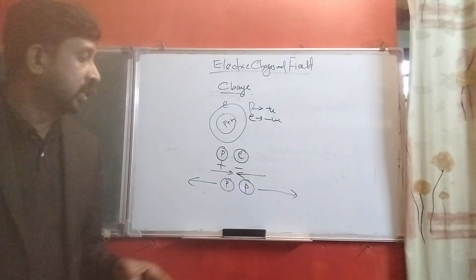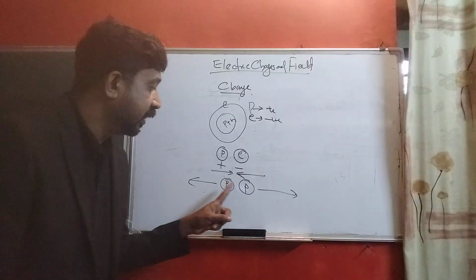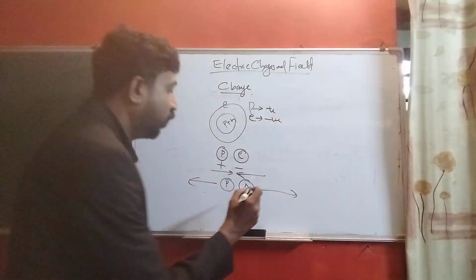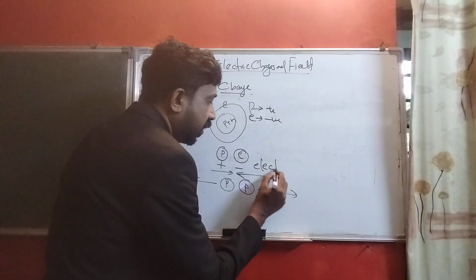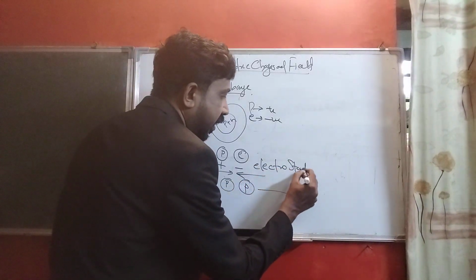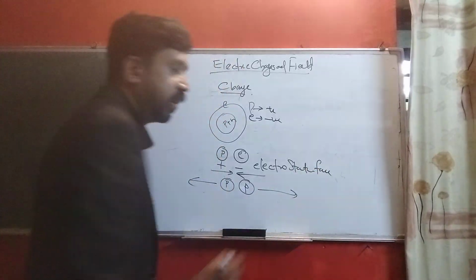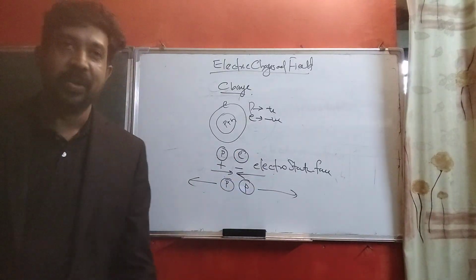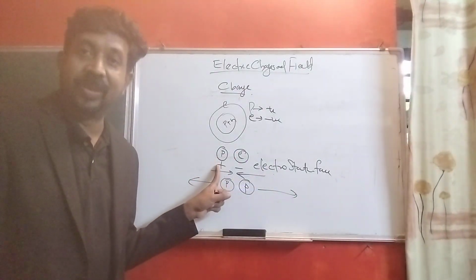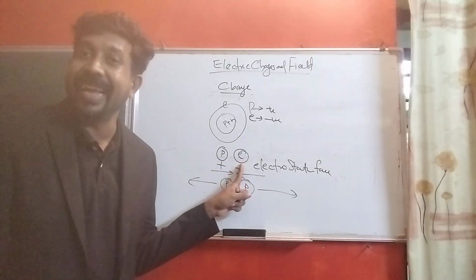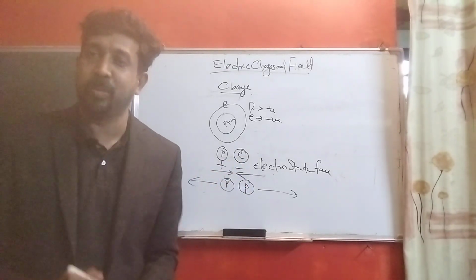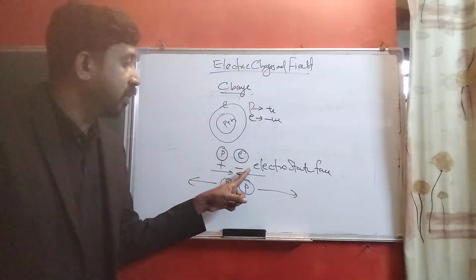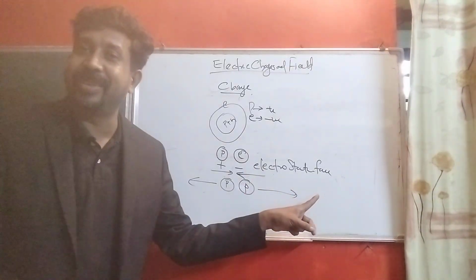The force between proton and proton is electrostatic force. The force between proton and electron is electrostatic force. The proton is a positively charged particle, and the electron is a negatively charged particle. Therefore, the force between two charges is electrostatic force.